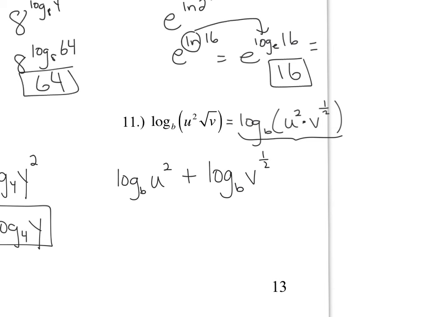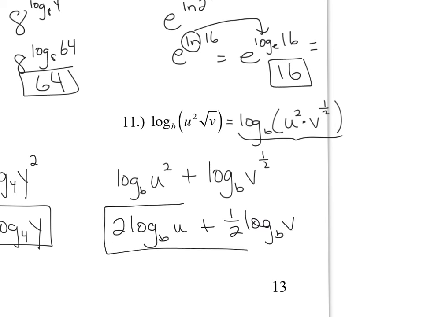And just as in the previous problem, I'm going to take these exponents and move them in front of the logs. So you'll have 2 times the log base b of u plus 1/2 log base b of v. And that would be as far as that problem goes.